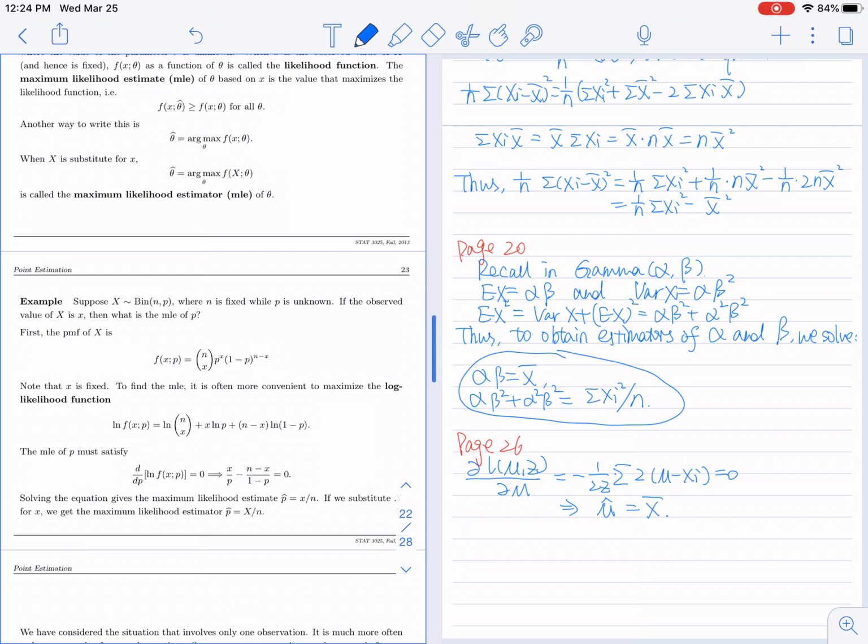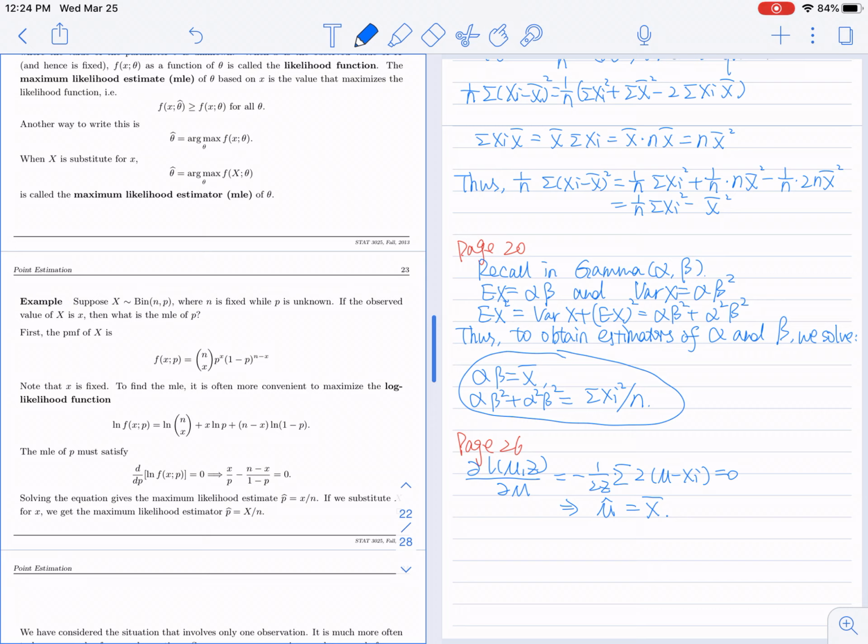So first, let's write down the PMF. The PMF is given in page 23, and x is given. Now we want to maximize this density in terms of p. Let's take a log of this likelihood first.